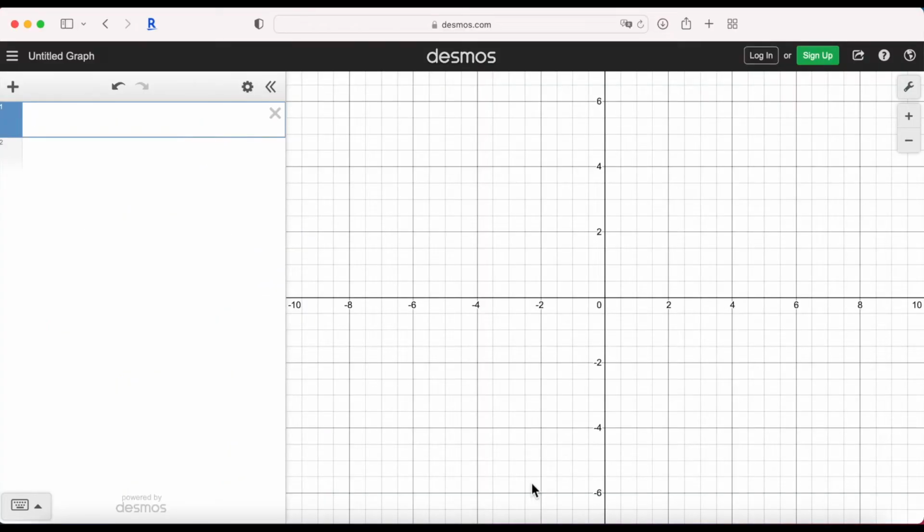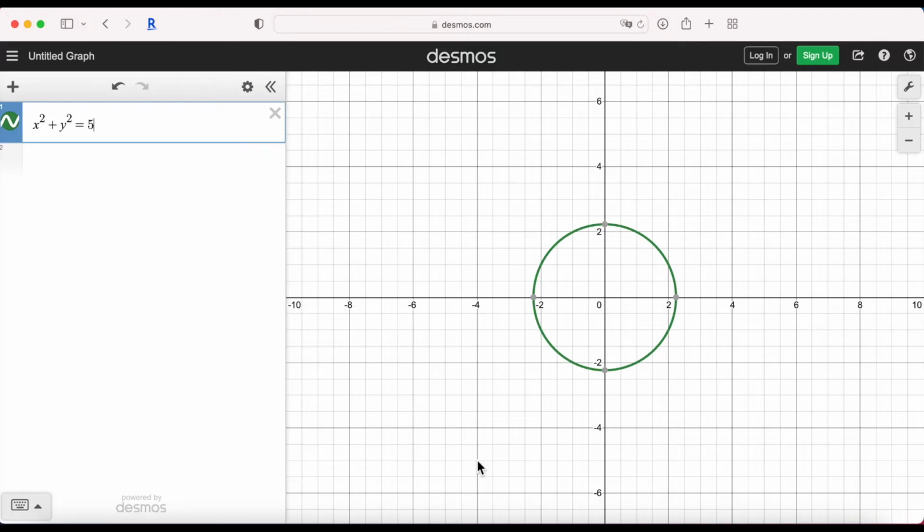Now, let's verify the solutions by looking at the graph. So first, let's graph x squared plus y squared equals 5. The graph of x squared plus y squared equals 5 is a circle. Next, let's graph the line y equals 3x minus 5.